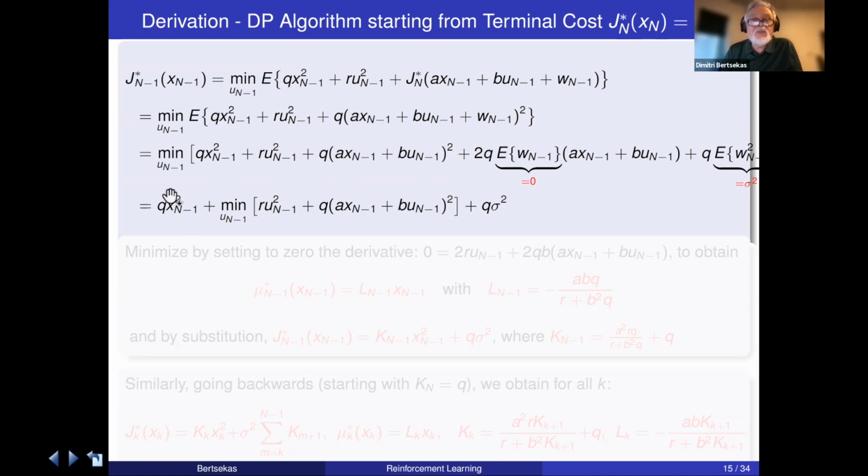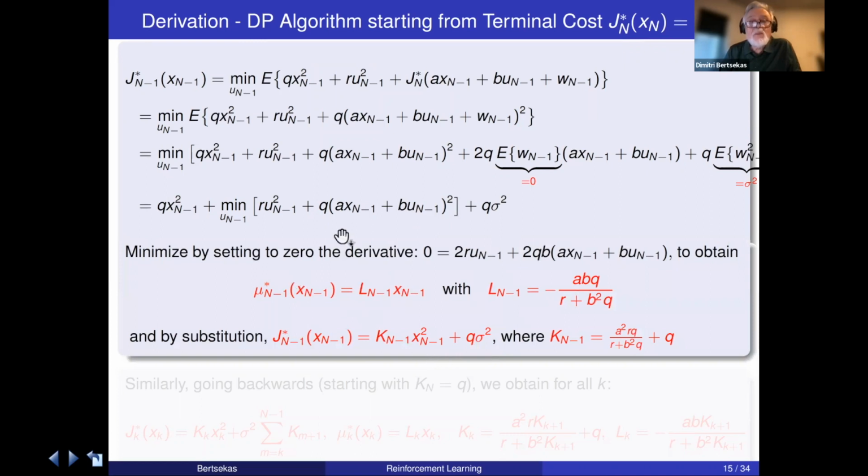So collecting terms and taking this thing here out of the minimization because it does not depend on u. The terms that depend on u are what you see here, and we have to do this minimization. Now notice that this is a quadratic minimization over u, and it can be done easily. How to do this? We minimize by setting to 0 the derivative of this expression with respect to u.